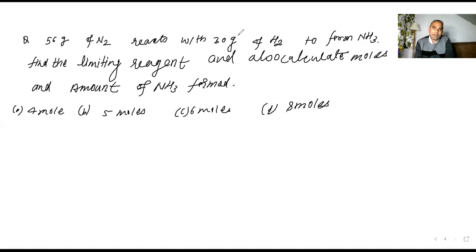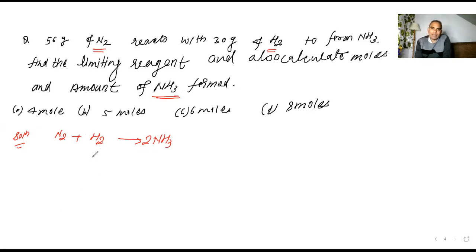Always keep in mind, when you are solving, you should know the equations, that is, what product is going to form. If N2 is reacting with H2, it is going to give 2NH3. They have given NH3, N2 and H2, so you can balance it.